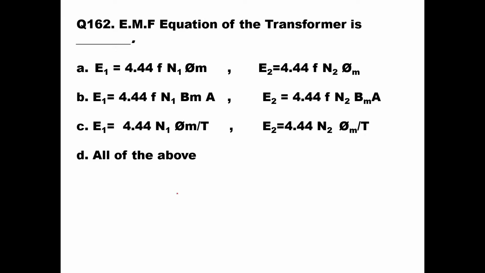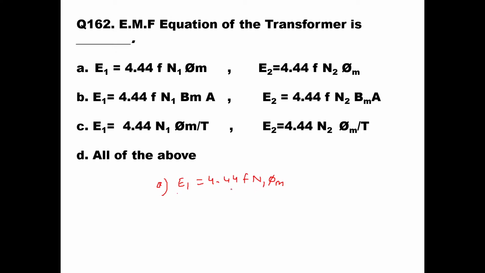So option A is what you have done as E1 is equal to 4.44 f into N into phi m. Okay, so this is a general statement. If it is E1, then this is N1.